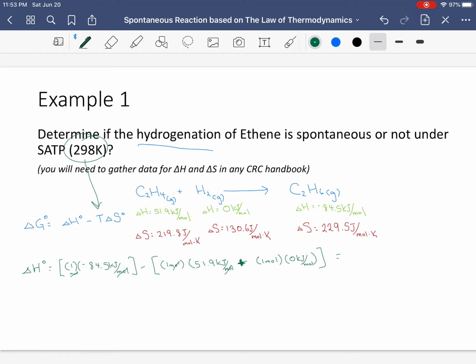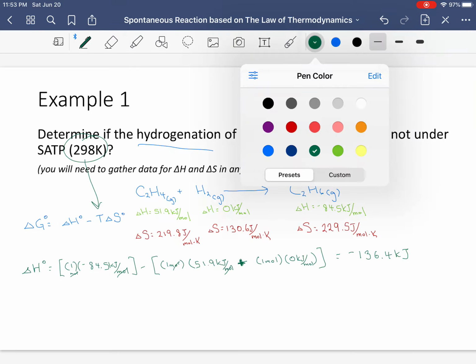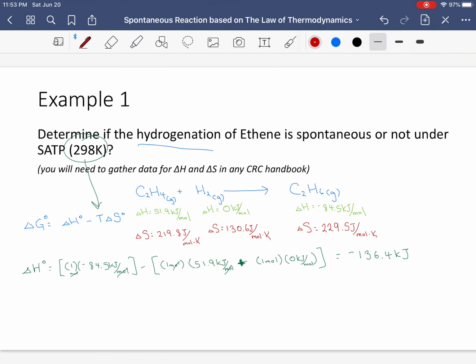But it doesn't really matter here because this is going to be a zero entity anyway, so let me make sure. All right, my calculator says negative 136.4 kilojoules. So that is delta H. Hopefully I didn't make any mistakes. If I did, I'm so sorry.